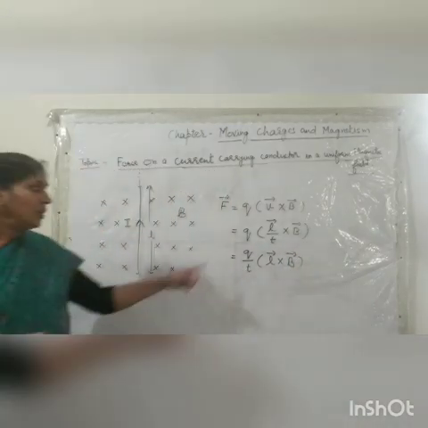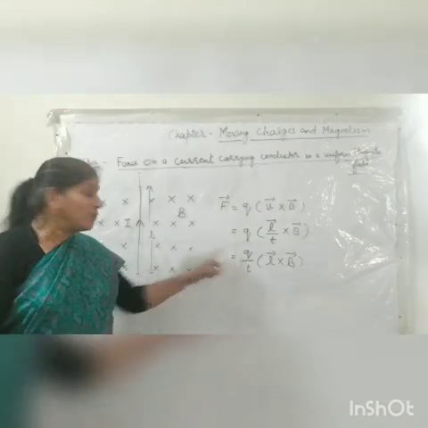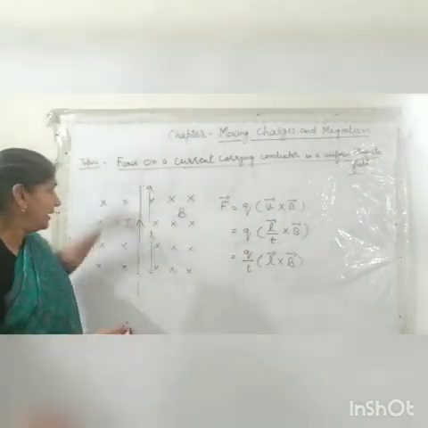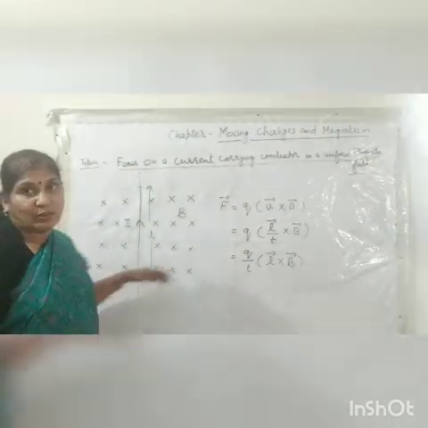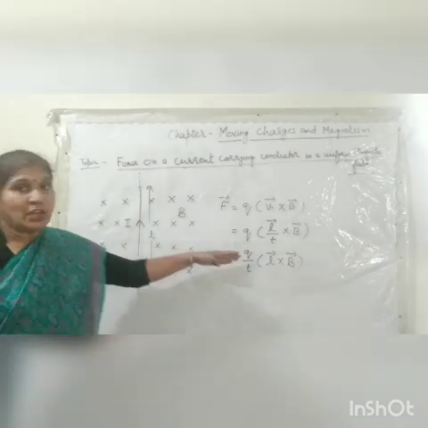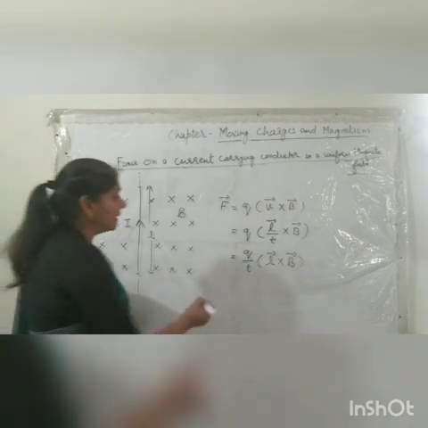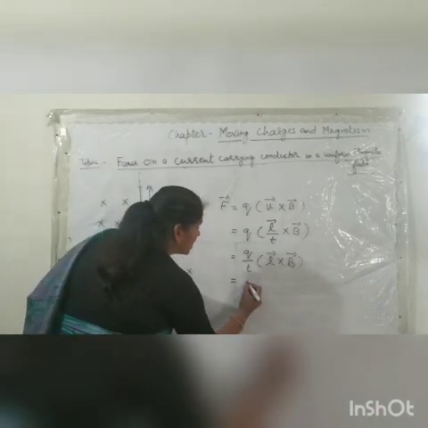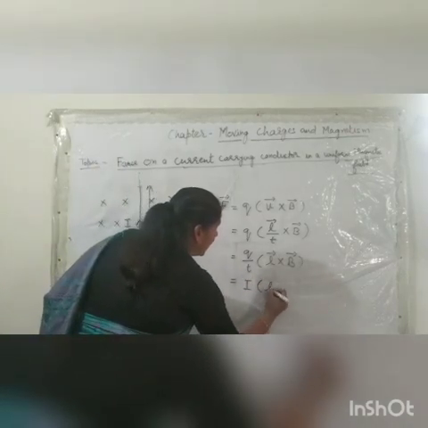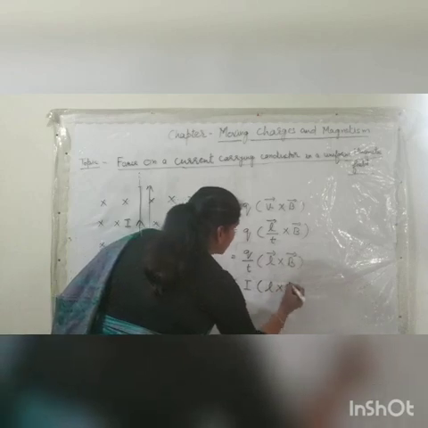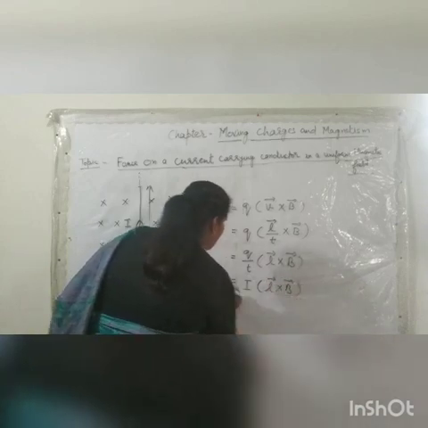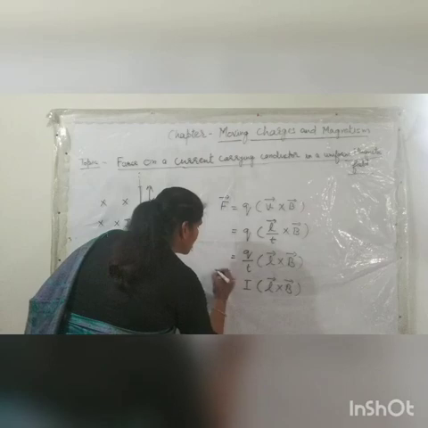But charge q is flowing through this conductor in time t. So charge flowing per unit time through the conductor is known as current. So it can be written as I L cross B. This is the force.